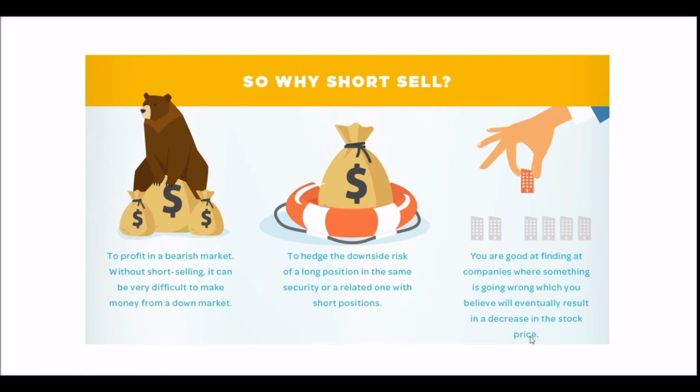The stock is not yours, so the broker needs his stocks back. You buy it at a low price, and you realize that was a very good deal, because you sold it at $10 and now you are buying it back at $2. So let's say you've made a profit of $8, and then you give back the broker his stocks.